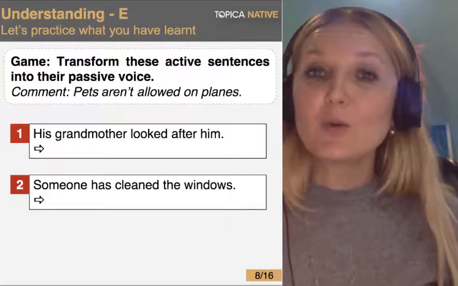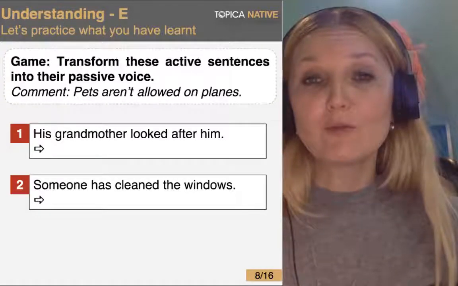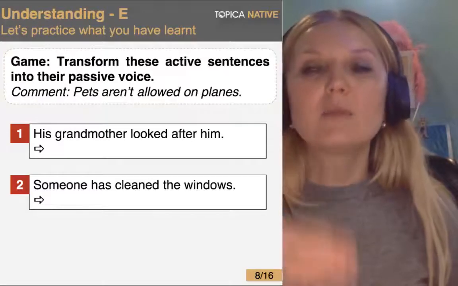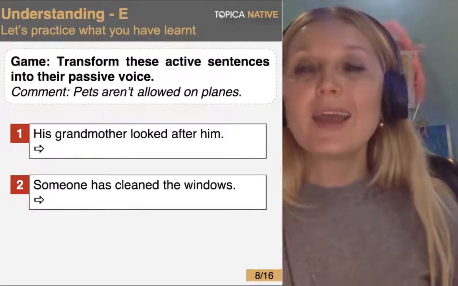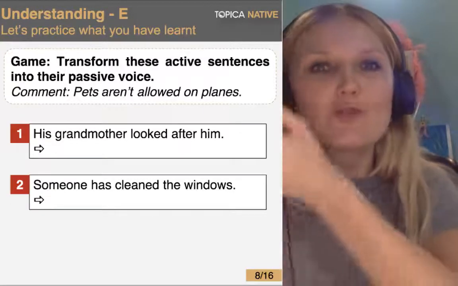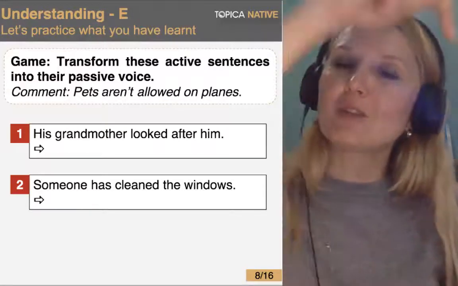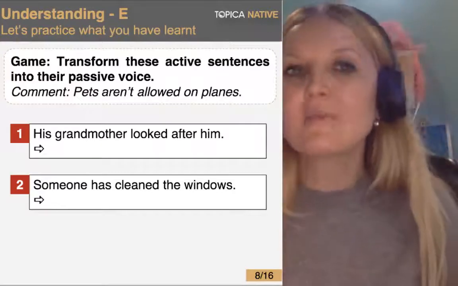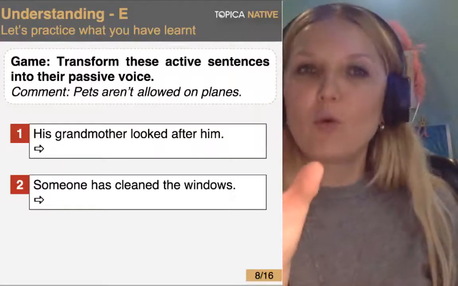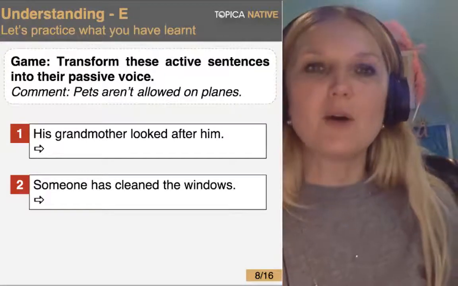Okay, my dinner was cooked yesterday. Perfect, Huanvu. Excellent. Yes. Now please transform it. His grandmother, so this is a subject, looked after, a verb in past simple. Him, it's an object which receives an action. Now this object we should put into subject. Yes. Make passive form: be plus past participle.